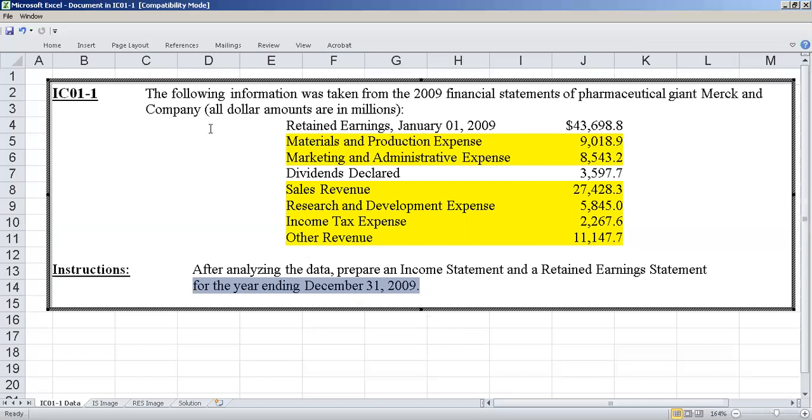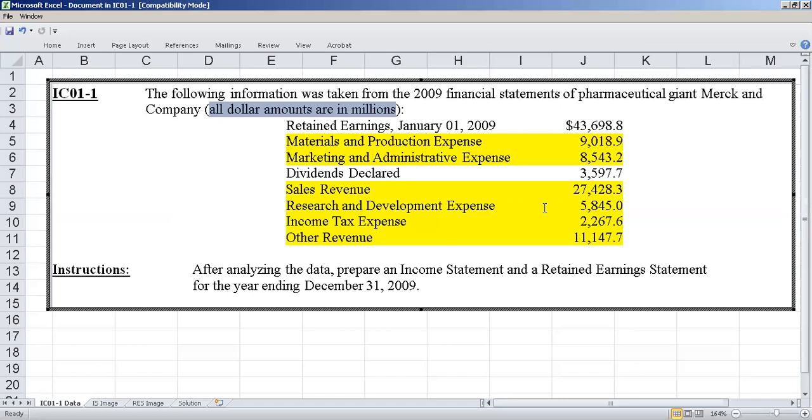And we have a very, very important piece of information right here. All dollar amounts are in millions. All right, so that's very, very important. We are told that these are not whole dollars. Merck didn't have $27,000 worth of sales revenue.